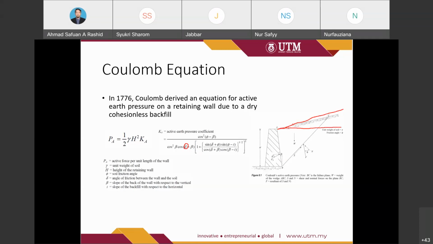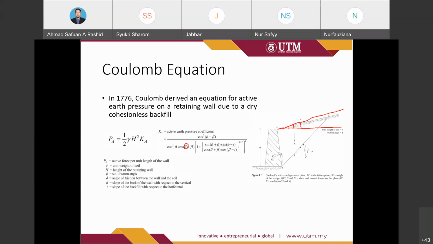So we need to consider the value of i, and also the retaining structure is not 90 degrees to the horizontal. It has a certain angle, called the beta slope of the back of the wall with respect to the vertical.